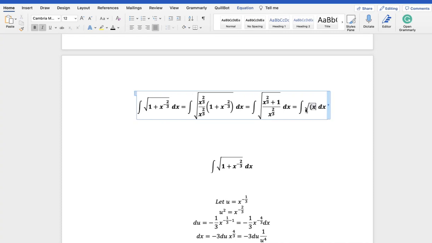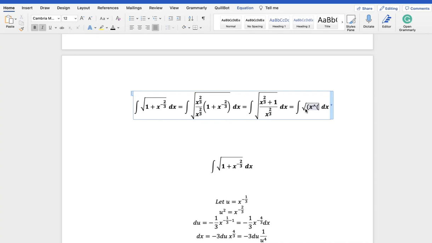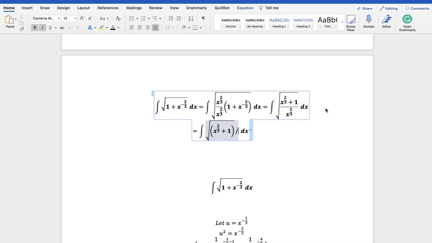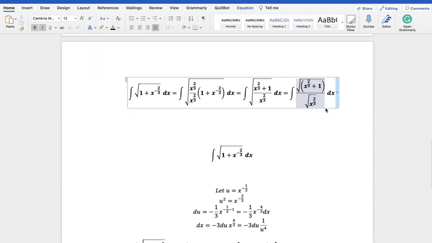So you can have x to the 2 over 3 plus 1 in the numerator, that divided by the square root of x to the 2 over 3. Does this make sense to you guys?